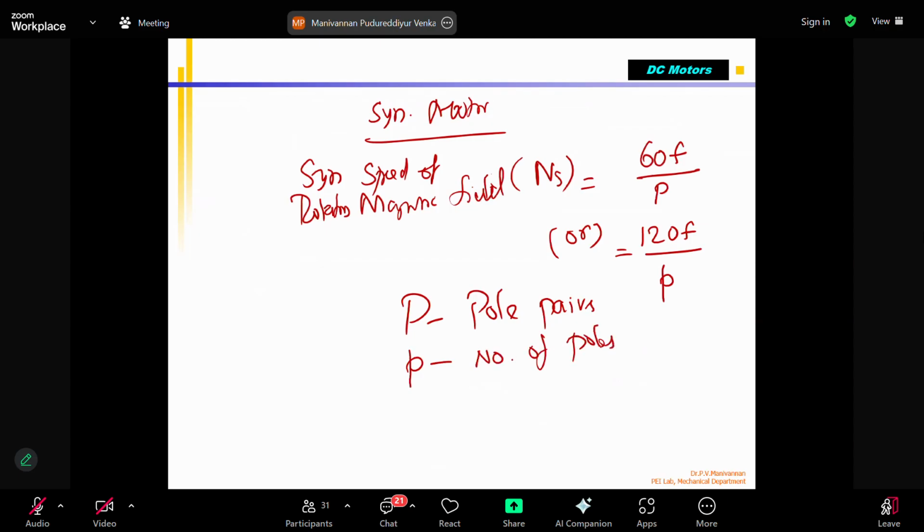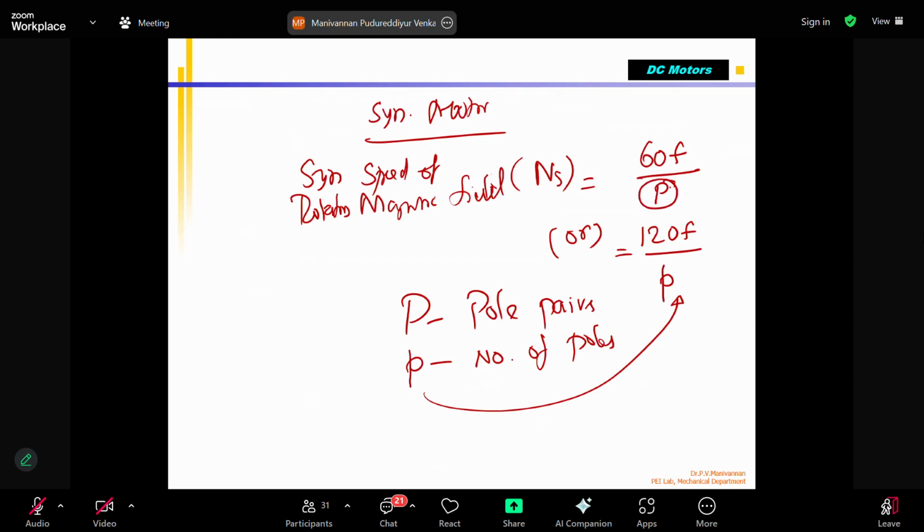In the exam, if you are given, say, 12 poles or 6 poles, then you have to use the 120 F by small p formula. If you want to use the other, the number of poles, say 12, divided by 2 gives the pole pairs, which should be substituted there.